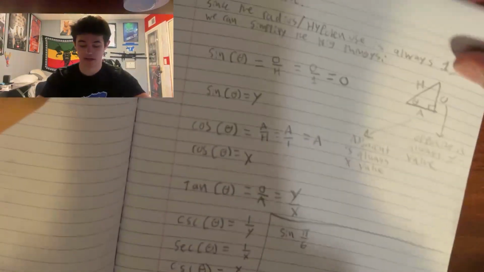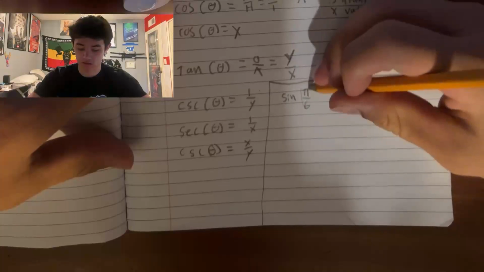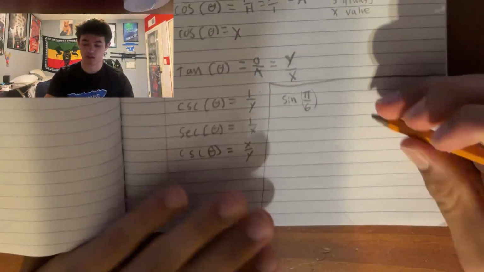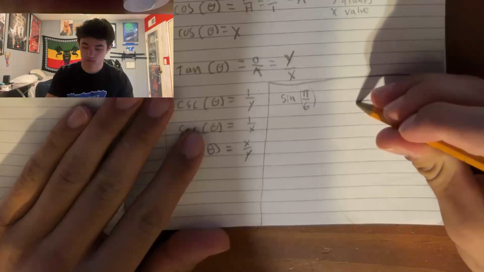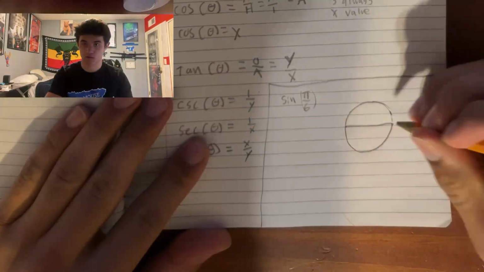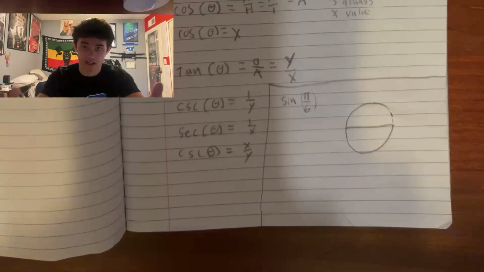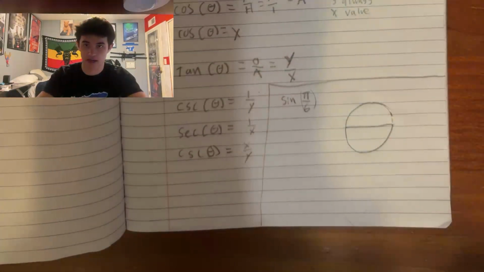Let's do a couple practice problems. I wrote one out here, sine of pi over 6. So how do we solve this? First thing we're gonna do is draw out our unit circle. Here's what I like to do. I like to divide it into pies. This is the top pie, this is the bottom pie.